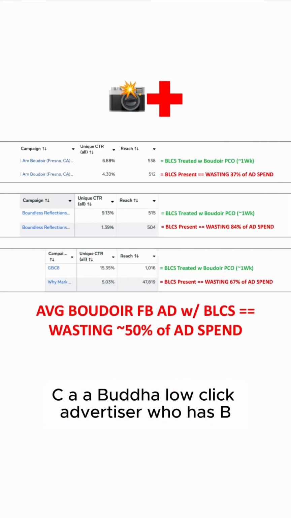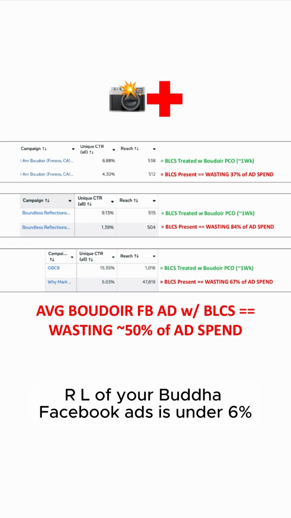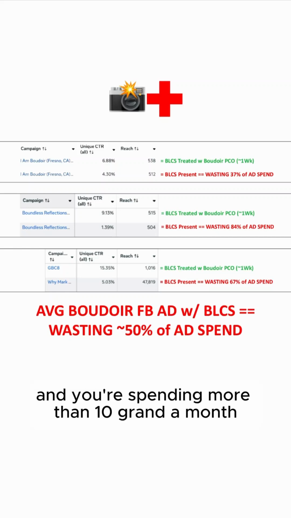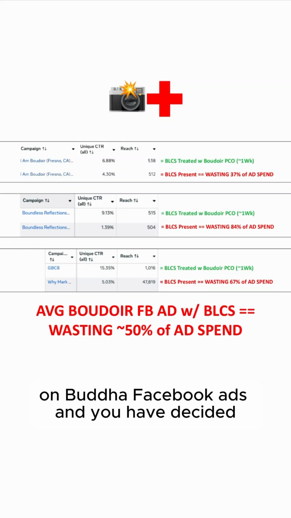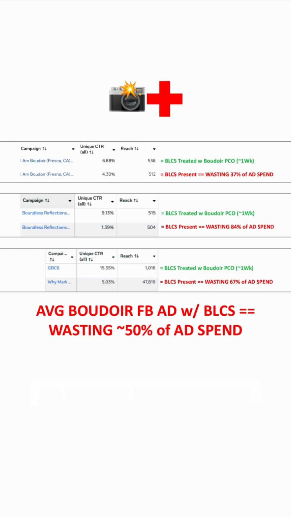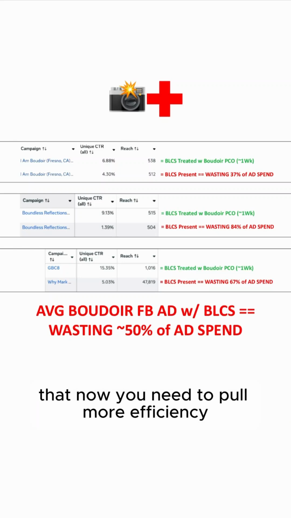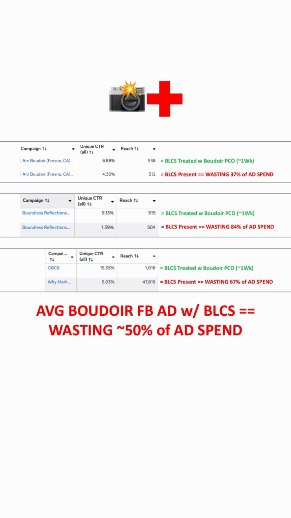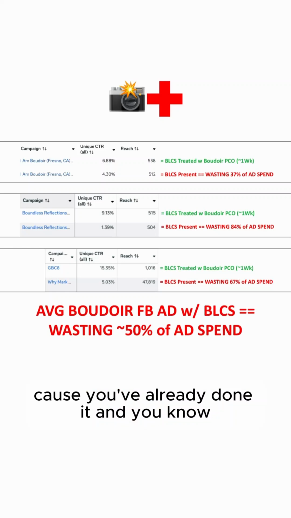If you're a BLCA, a Boudoir low click advertiser who has BLCS, Boudoir low click syndrome, the unique CTR of your Boudoir Facebook ads is under 6%, and you're spending more than 10 grand a month on Boudoir Facebook ads, and you have decided that now you need to pull more efficiency, more profit out of your business through making your Boudoir Facebook ads more efficient, because you've already done it in other places in your business.